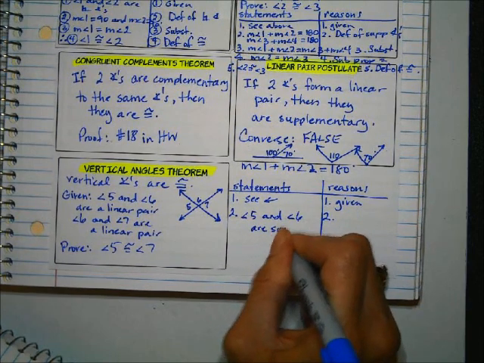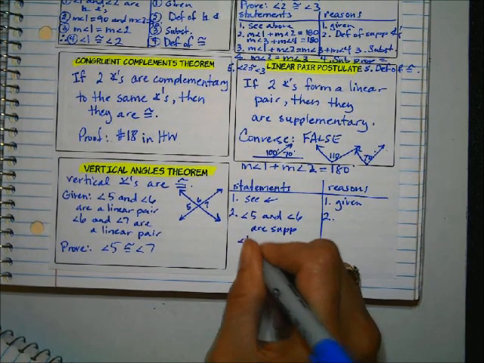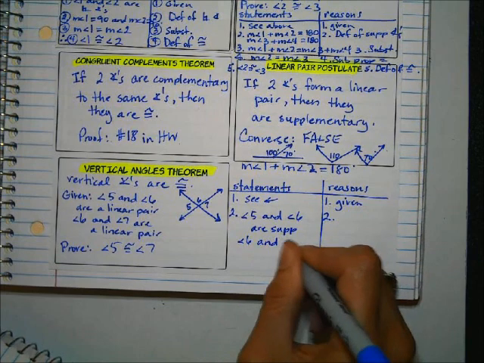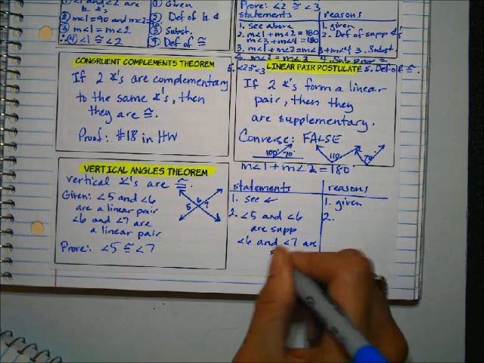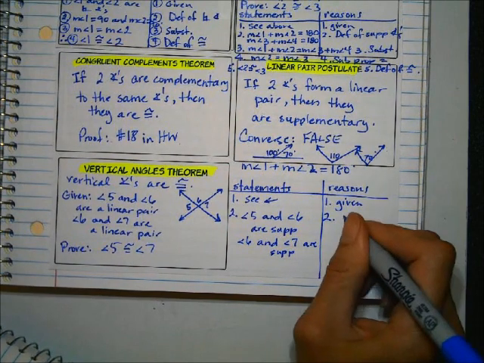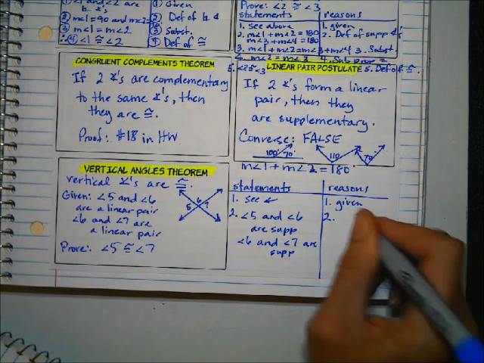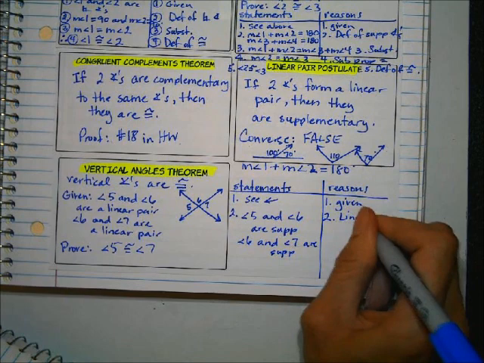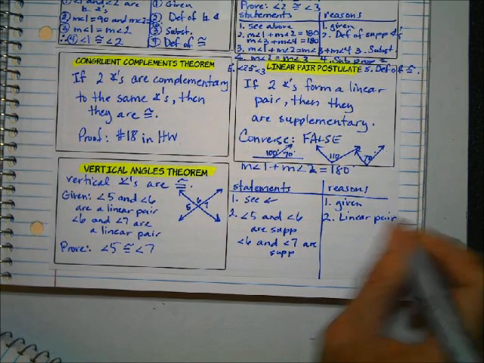Angle 6 and angle 7 are supplementary. And that is because they are a linear pair. It's basically the linear pair postulate that says if you have a linear pair, then they're supplementary.